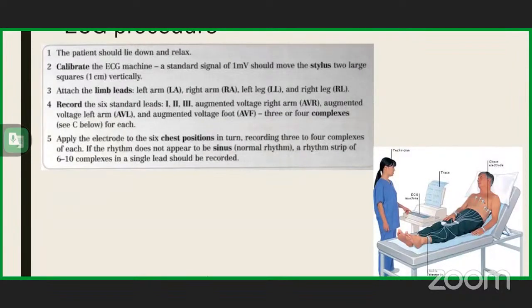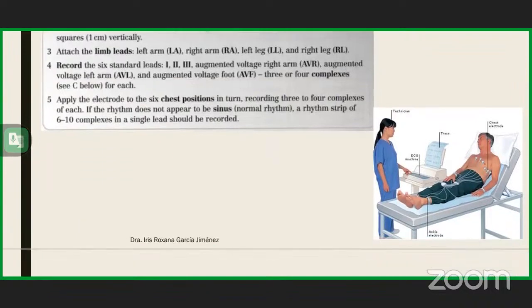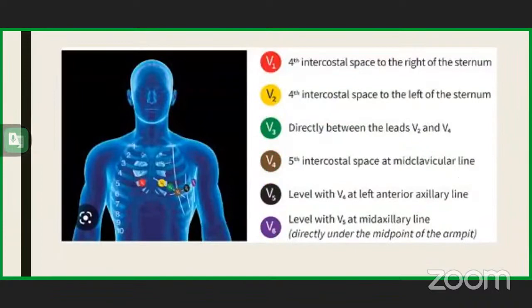And we apply the electrode to the 6 chest positions. In that way, we can read all of these positions, all of these devices. It's on the patient, and it's possible to take the electrical activity.